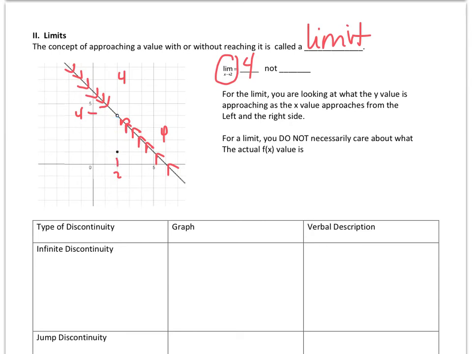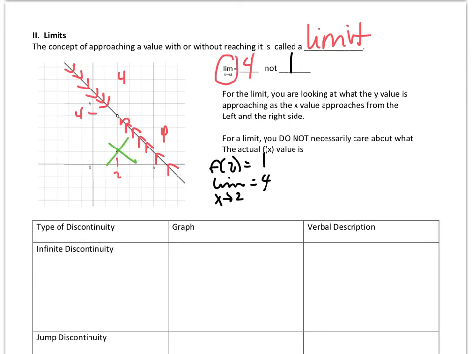Here, your function at 2 is 1, but my limit as x approaches 2 is 4. So you have to be careful that these are not necessarily going to be the same. For the limit, you're looking at what the y value is as your x value is approaching. You do not necessarily care about what the actual value is, so this point here is not going to matter at all when you graph it.